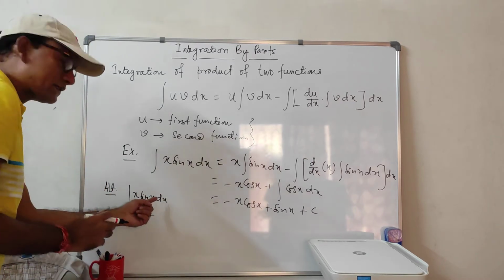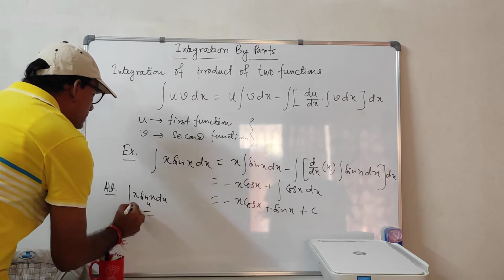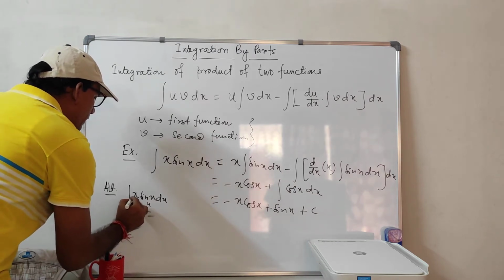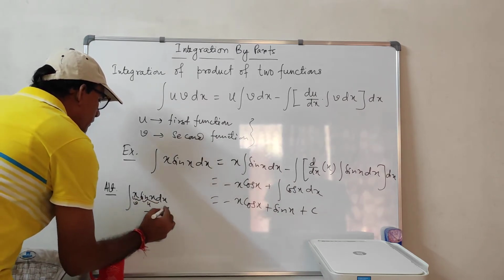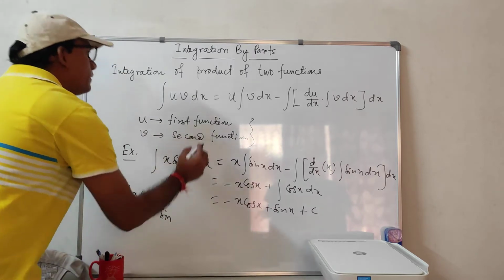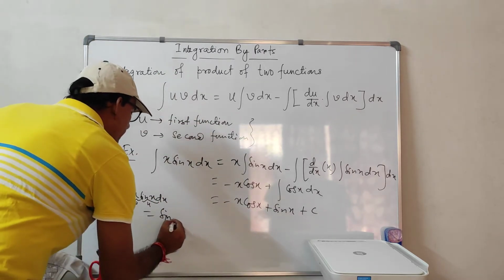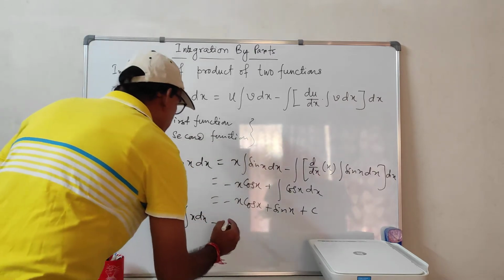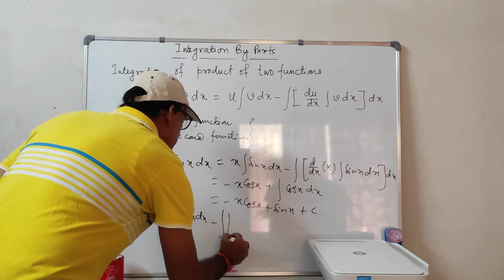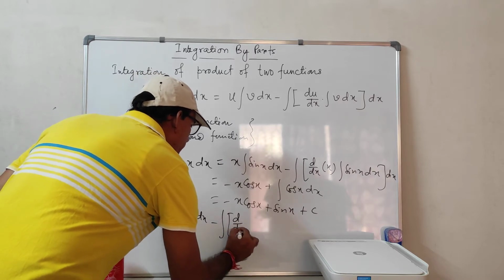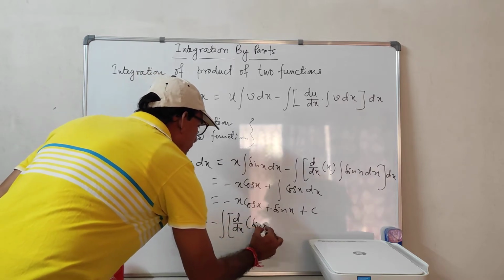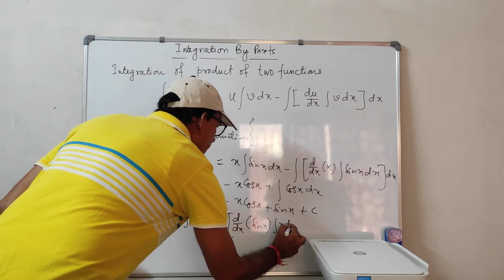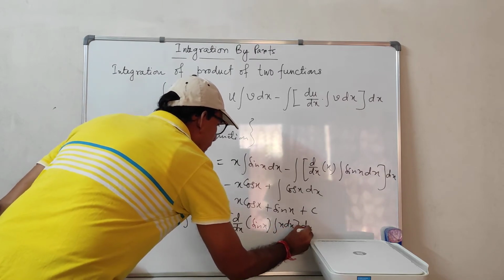If you take sin x as u and x as v, then according to this rule, sin x integration x dx minus integration d/dx of sin x integration x dx, whole dx.